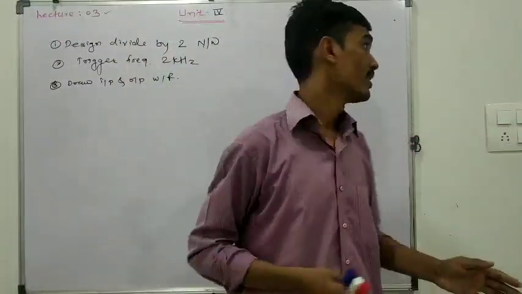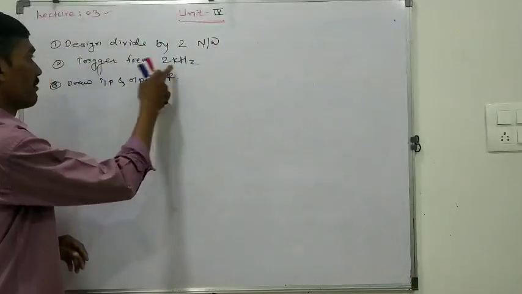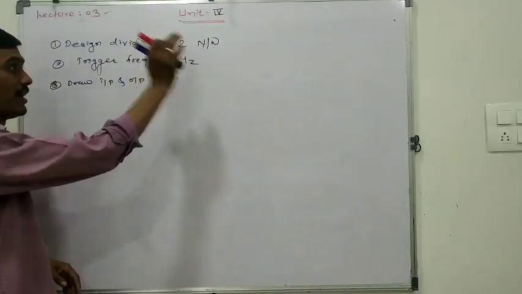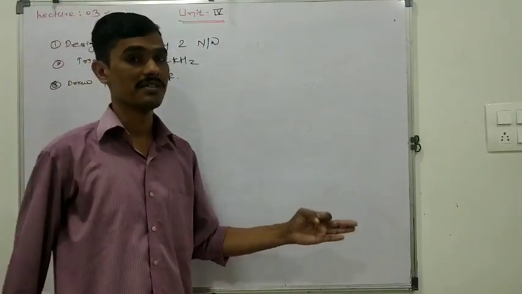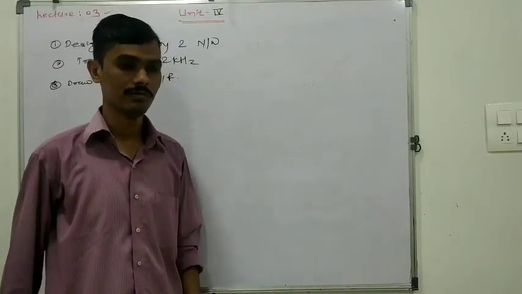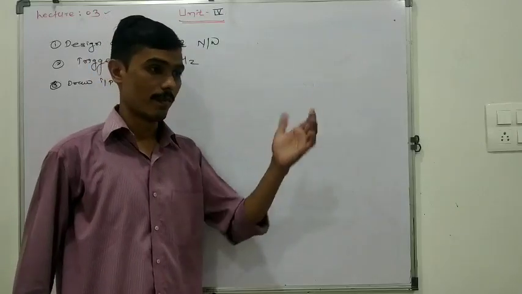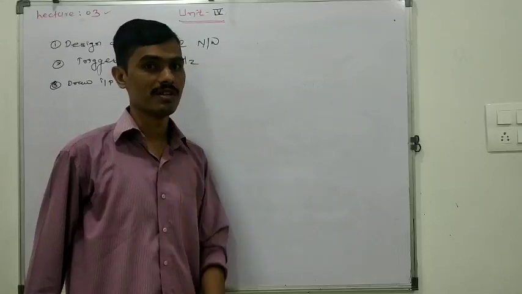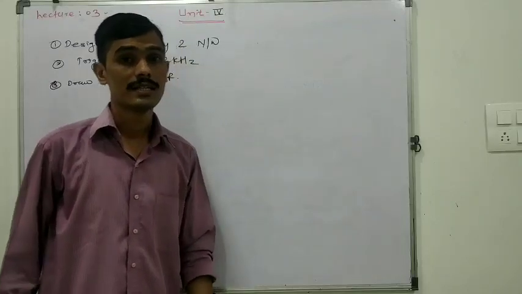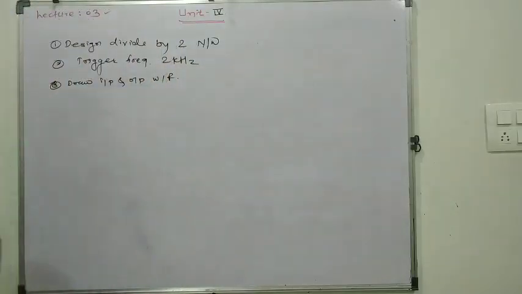Here the trigger frequency is 2 kilohertz, and we have to divide it by 2. That means we have to generate a 1 kilohertz frequency at the output, and for that we have to draw the input trigger frequency and the output frequency at pin number 3.